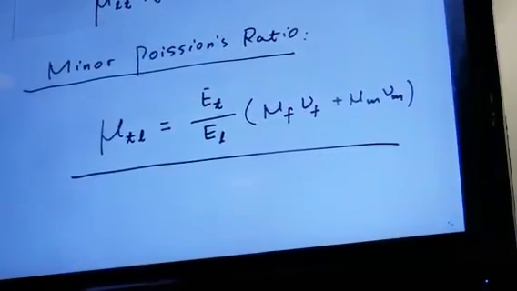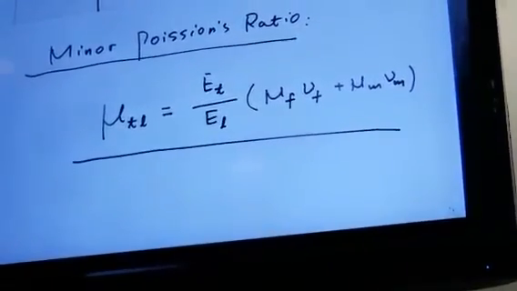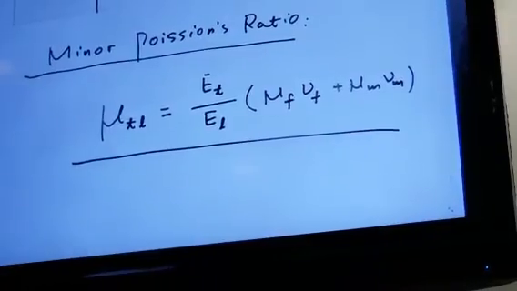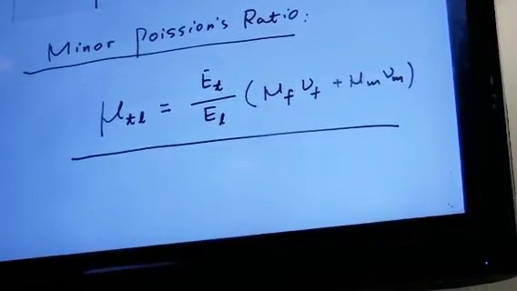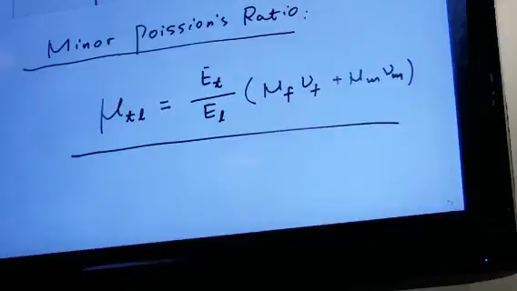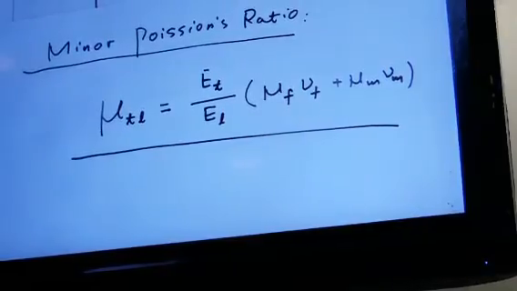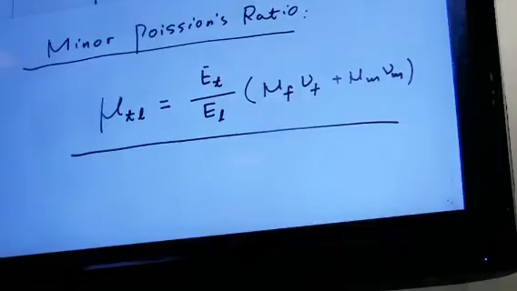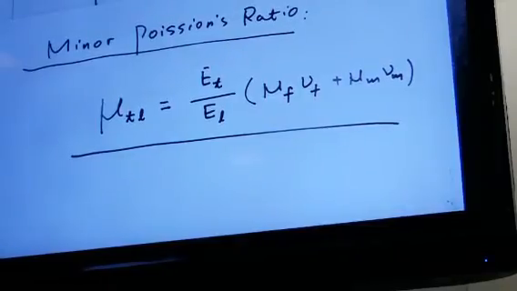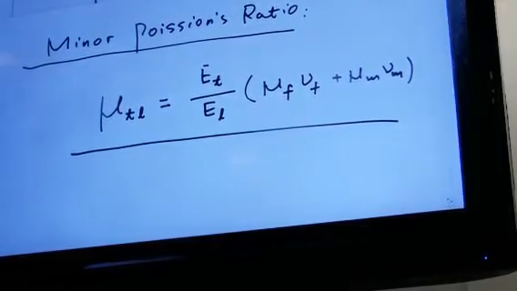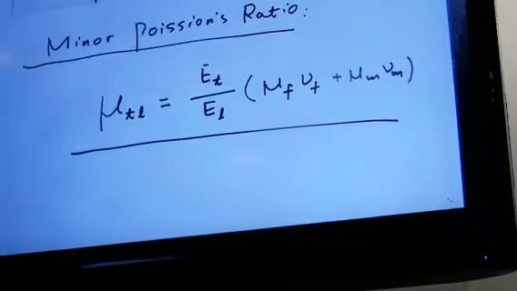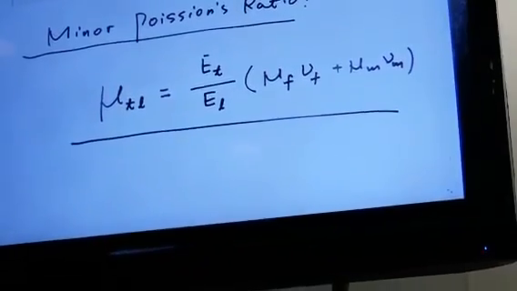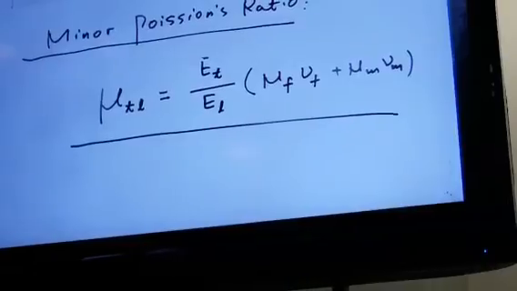This is the modulus of the T over L, transverse modulus of the composites. This is the longitudinal modulus. You have calculated this in the very beginning. We derived this. And this is the Poisson's ratio of filaments. This is the Poisson's ratio of matrix. This is the volume fraction. So we derived 5 quantities. 2 modulus, 1 shear modulus, 2 Poisson's ratios.